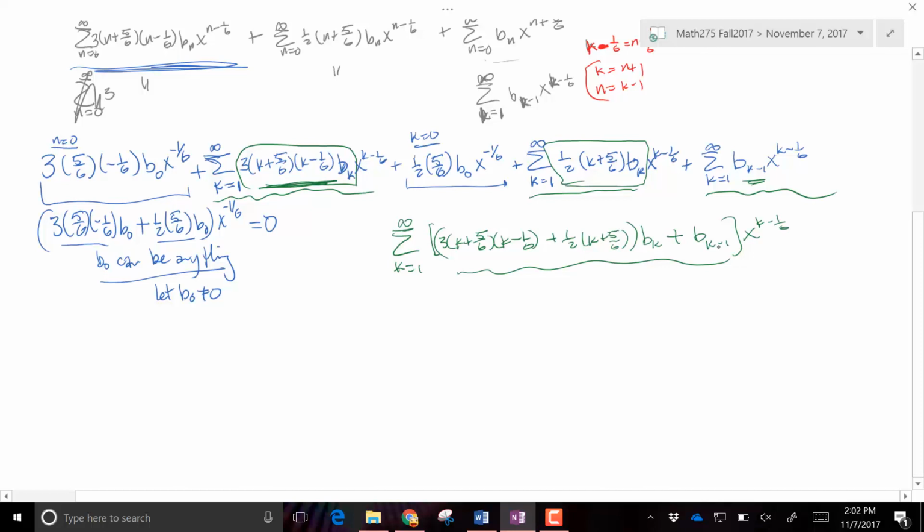All right. So you just need to solve for this. bk is equal to minus bk minus 1 divided by this whole thing. And you can keep it like this so you can factor some stuff out. Looks like maybe we can factor out a k plus 5/6. And then if we do that, we have a 3k minus 1/6 plus 1/2.